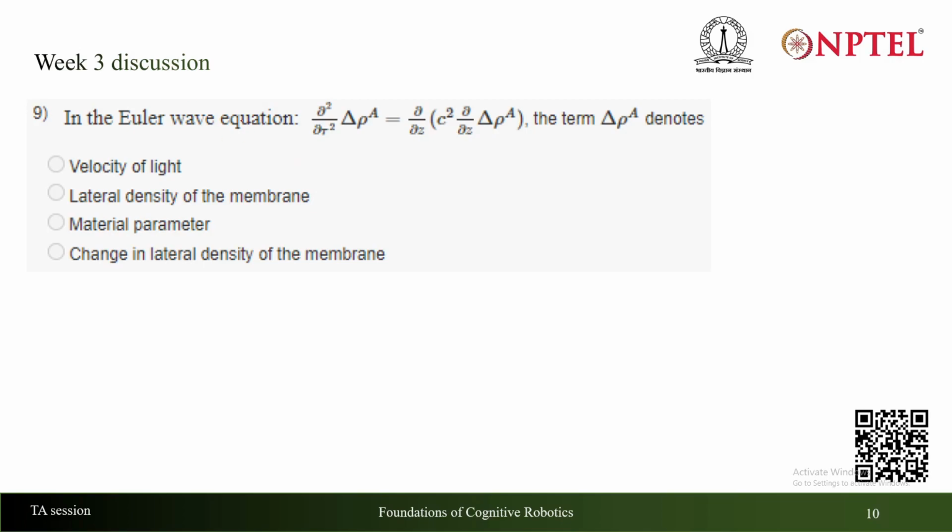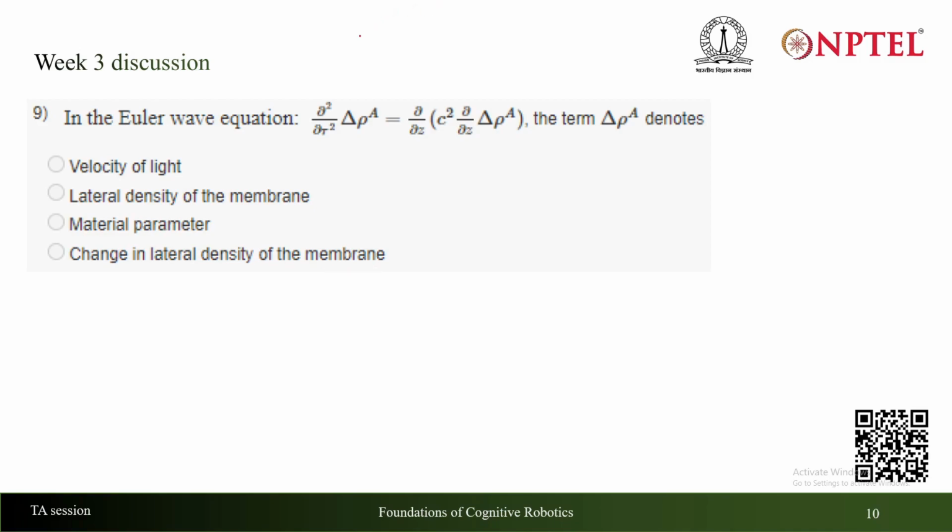Coming to question number 9, in the Euler wave equation, the term delta rho denotes: a, velocity of light; lateral density of the membrane; material parameter; or change in lateral density of the membrane.